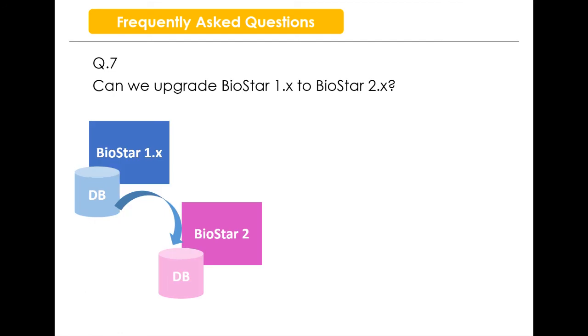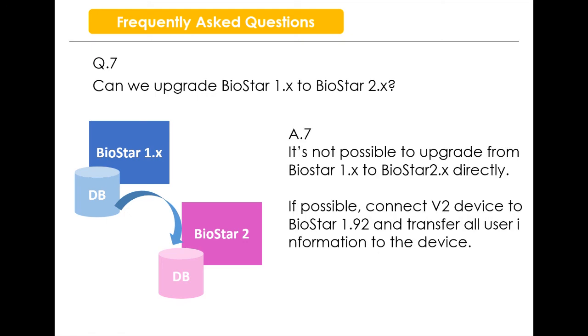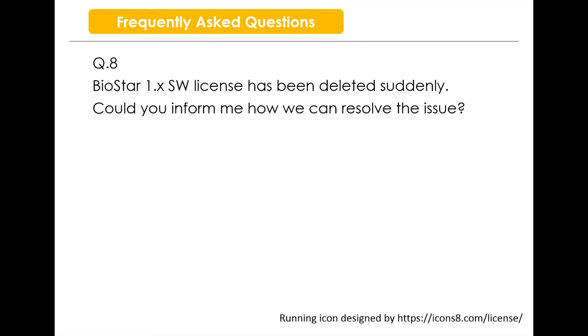Can we upgrade BioStar 1.x to BioStar 2 directly? We do not have a tool to convert the DB of BioStar 1 to the DB of BioStar 2. We recommend transferring user data of BioStar 1.92 to the v2 device, and then you can get all the user information into BioStar 2.